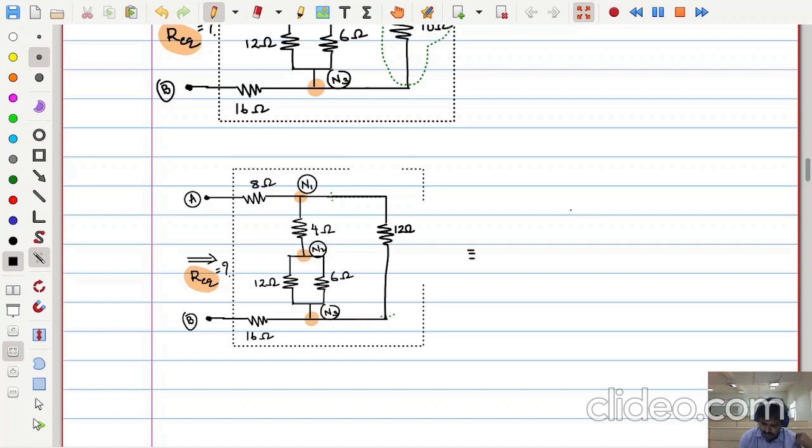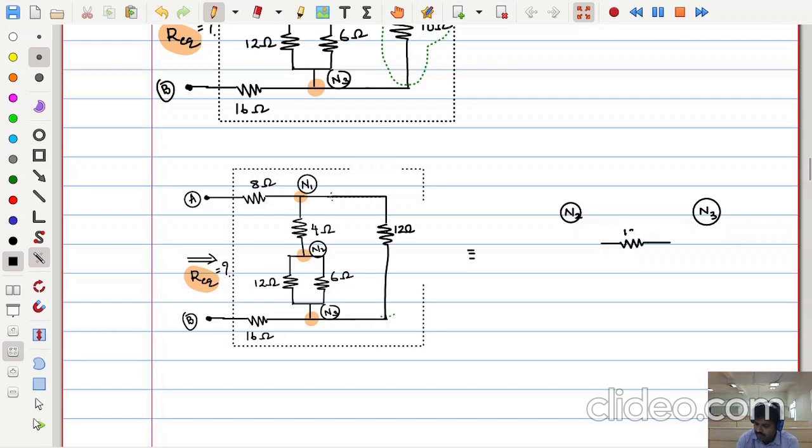Somehow just try to observe between N2 and N3, what are the elements connected? Between N2 and N3, just like I am choosing the parents. The parents are, let us say, N2 and N3. Do they have common children?